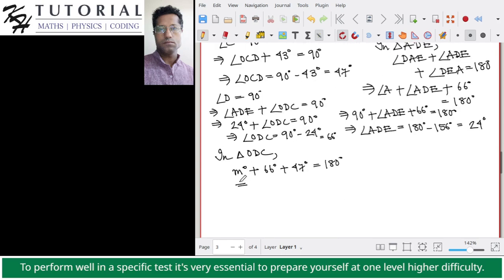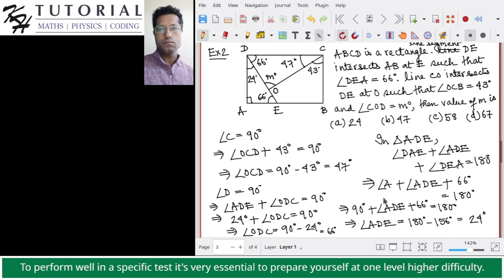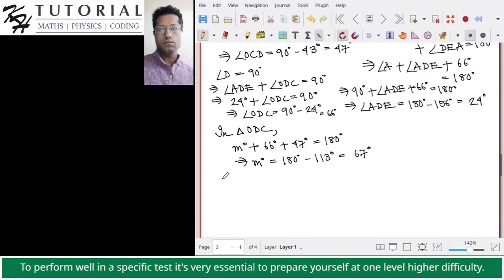So m degrees is 180 degrees minus 113 degrees, which is equal to 67 degrees. So the value of m should be 67.